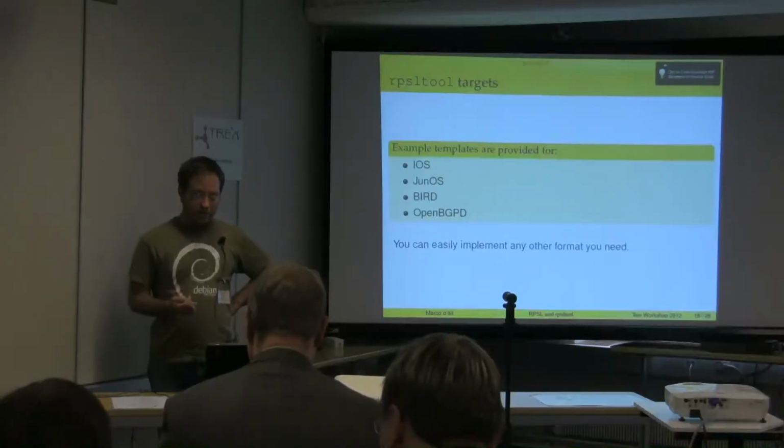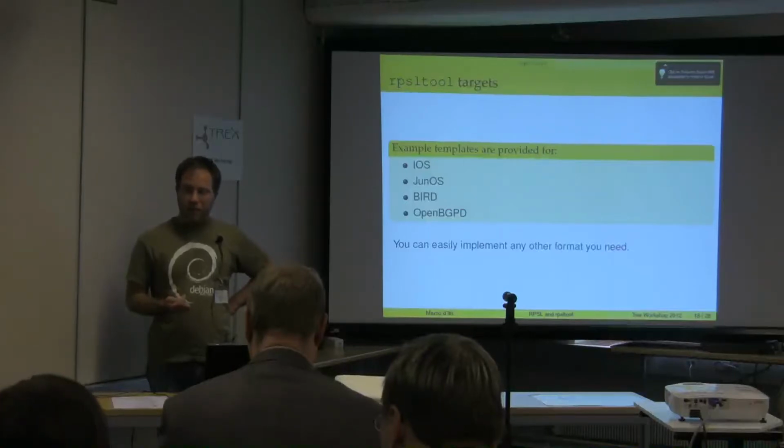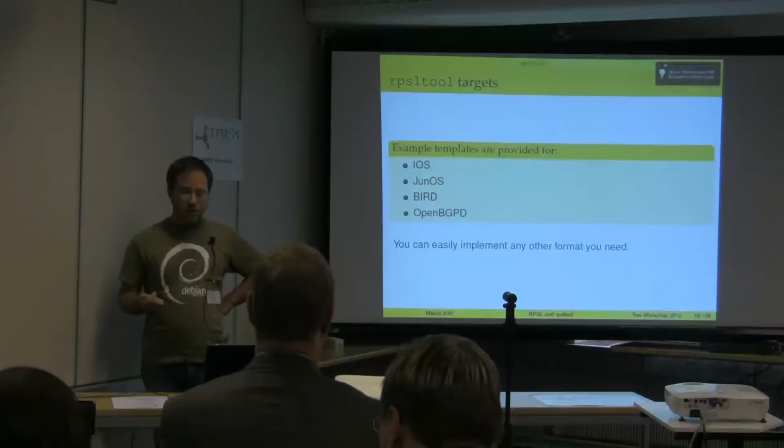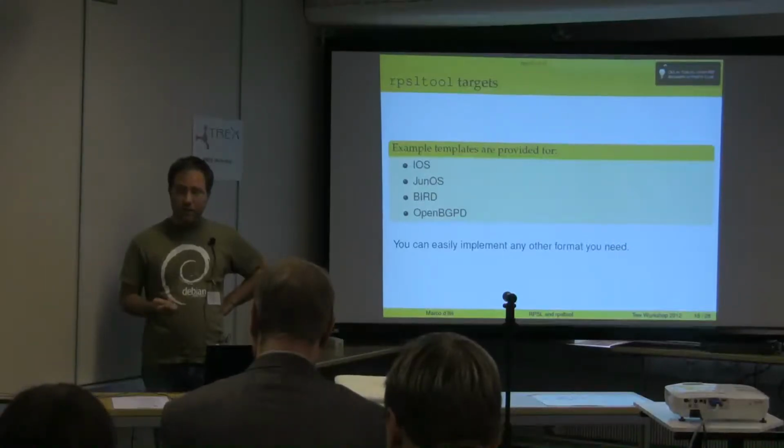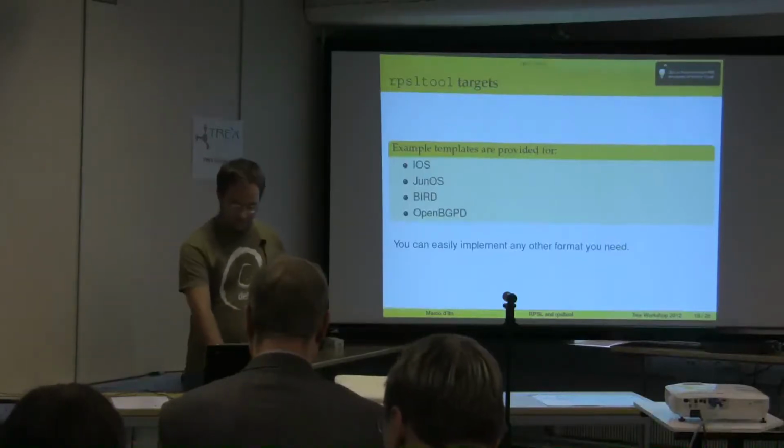I provide templates for IOS and Junos for an ISP configuration, and for Bird and OpenBGPD for route server configurations. But writing new templates is very easy, and you can adapt these ones to your needs.